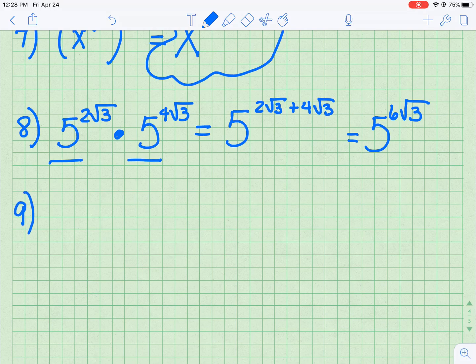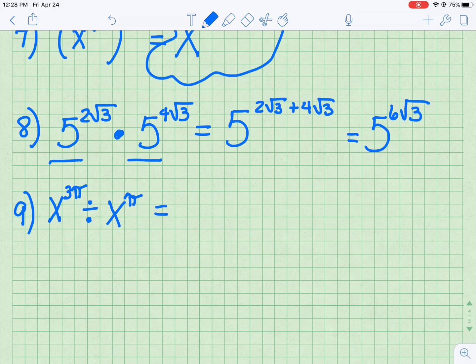Number 9 is x to the 3 pi divided by x to the pi. And we just talked about if we're dividing like bases, we subtract exponents.